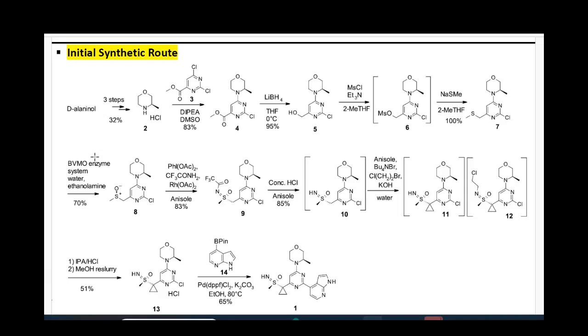First I will quickly go through the initial medicinal chemistry synthetic route, which includes this chiral morpholine derivative as the starting material, which is commercially available as well as can be synthesized from D-alaninol in 3 steps.